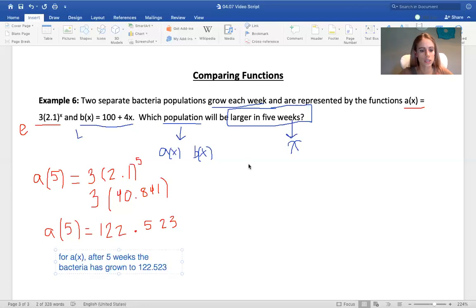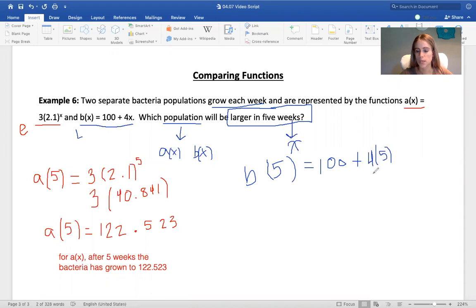All right, let's check out our linear one. So b of x, so still 5 weeks, because we have to compare them at the exact same point in time. Otherwise, we'd be comparing apples to oranges. So b of 5 is equal to 100 plus 4 times 5.